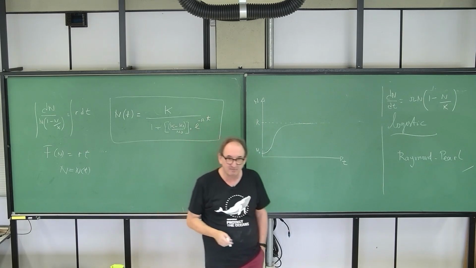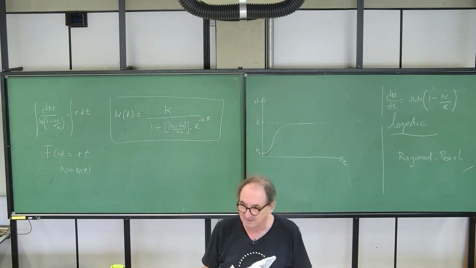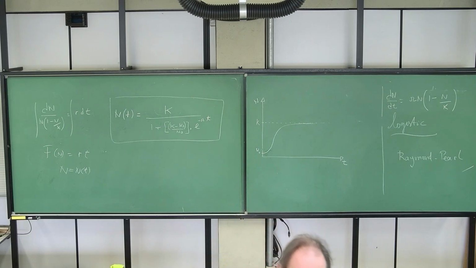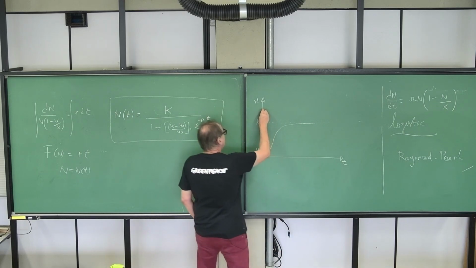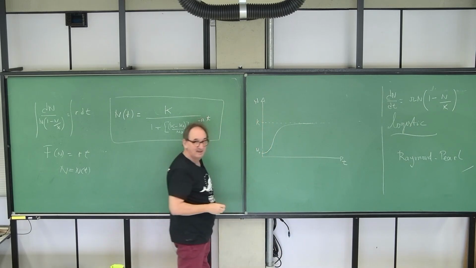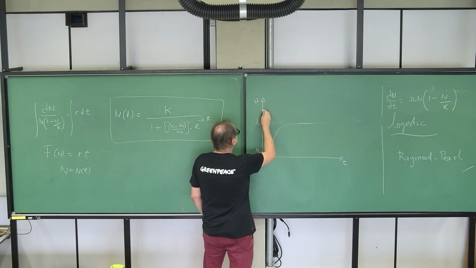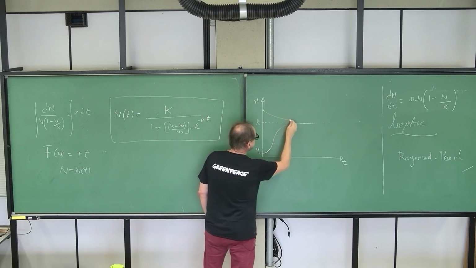The mathematical jargon for this is that the function n approaches a constant asymptotically. If I start with n bigger than k, then this goes here, and it will just decrease.